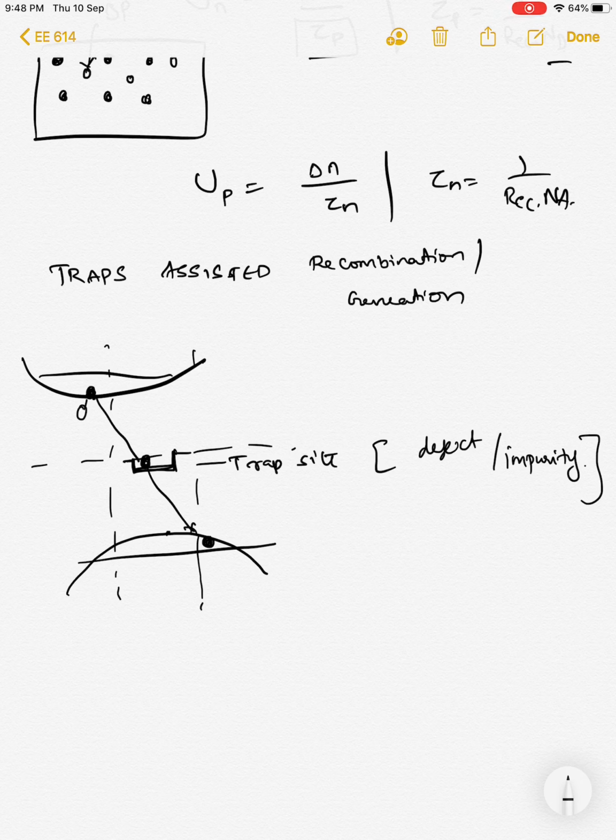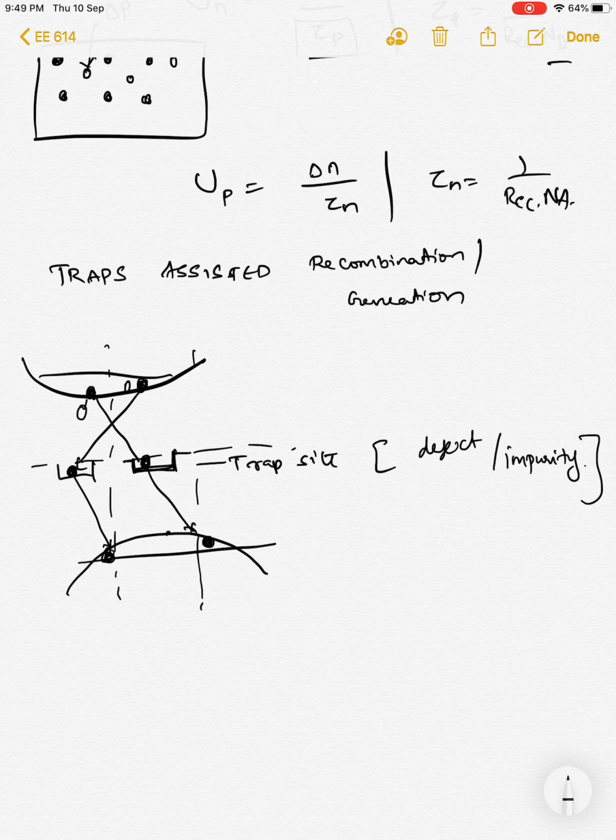A second scenario is you have an electron in the trap state normally. In this case, if there is a hole in the valence band and an electron in the conduction band, the hole in the valence band can recombine with the electron in the trap, forming an electron in the valence band, and the electron in the conduction band can fall down to the trap, leaving the electron back in the trap site.